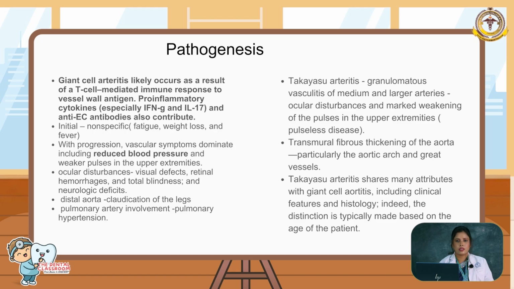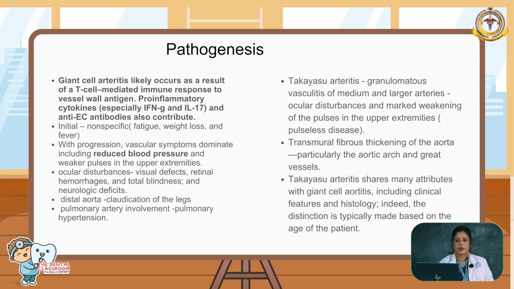Like we already discussed, what is claudication? Pain on walking, intermittent pain on walking. When it involves your pulmonary artery, which is a major artery, it presents as pulmonary hypertension. So, when it involves the arteries of a specific organ, it presents with those symptoms. So, this is about giant cell arteritis.